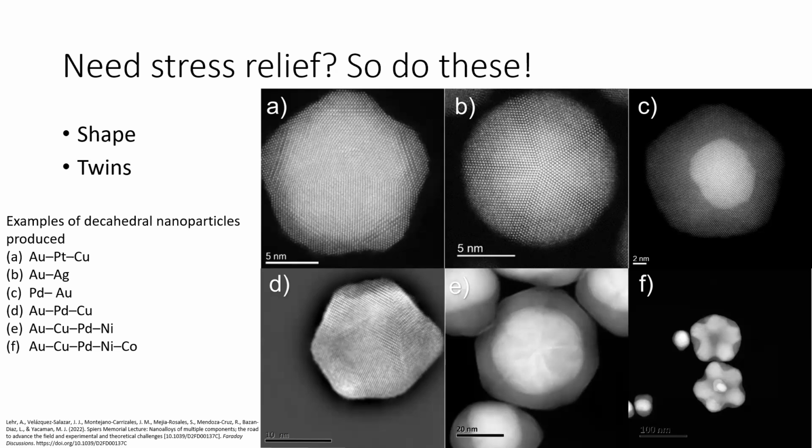The prevalence of these twin boundaries is increasing; we're seeing it more and more. The idea is that this is a way for these different atoms to relieve some of the stress inside. You can see a bunch of different particles, all different compositions, and they all have very similar five-fold symmetry throughout.